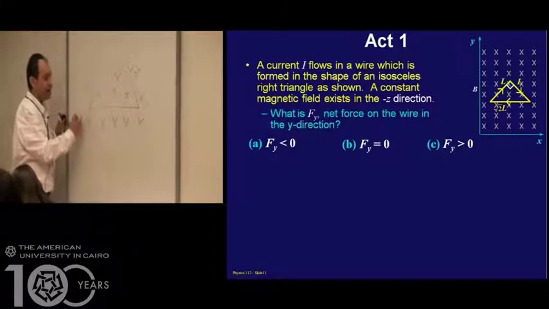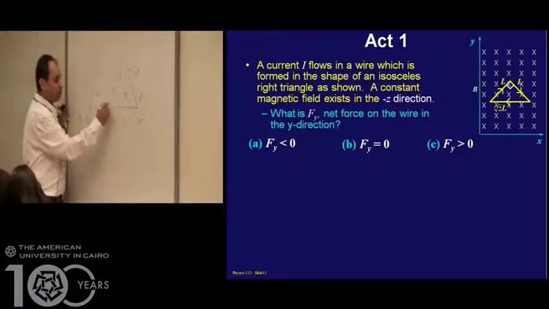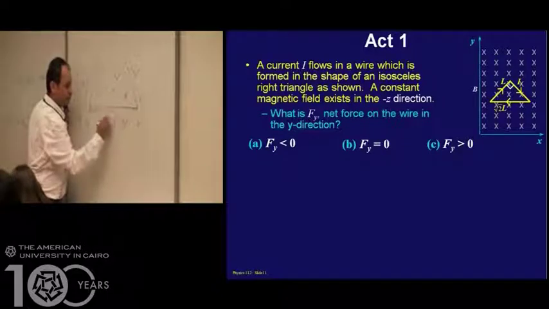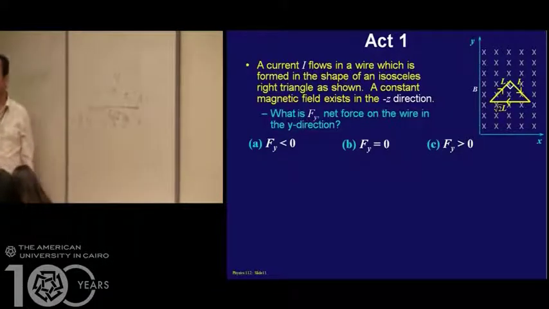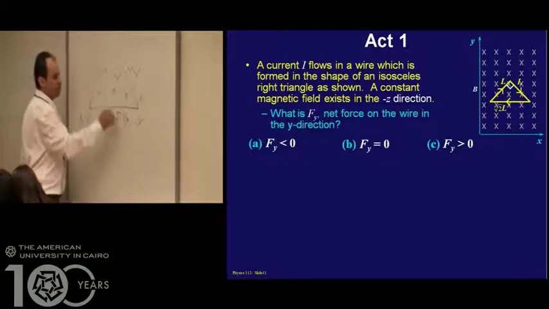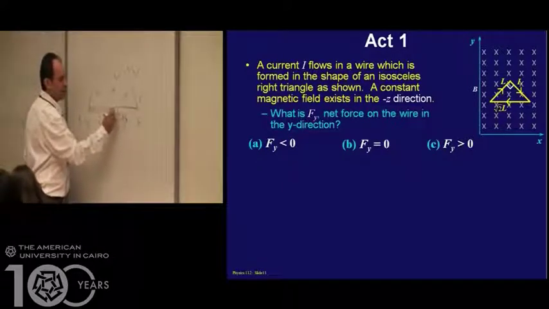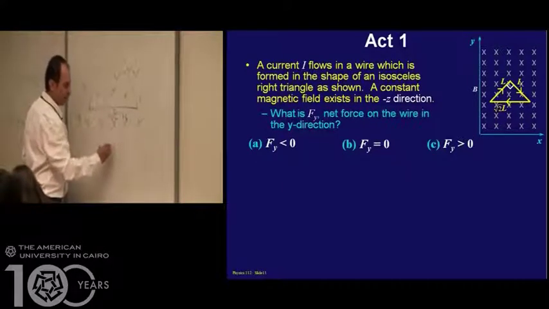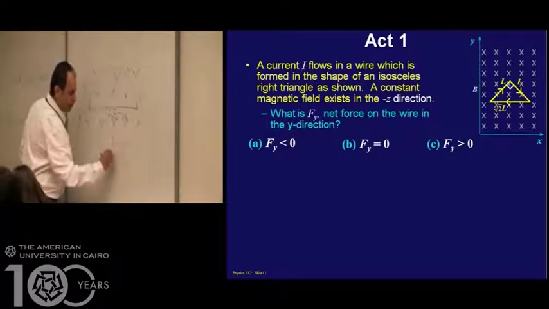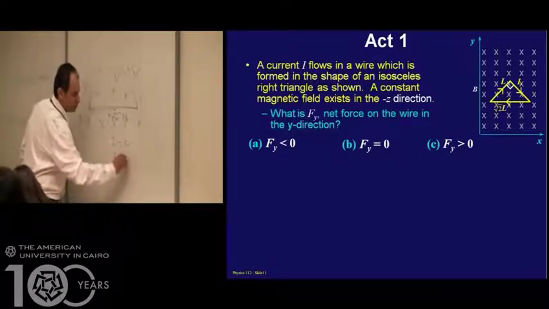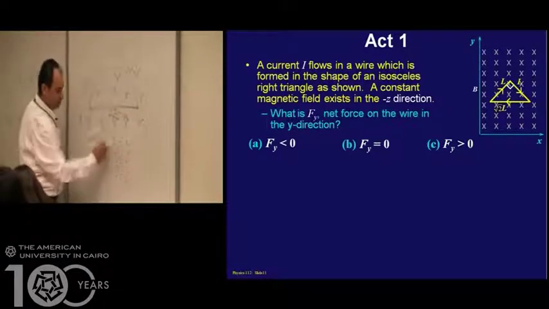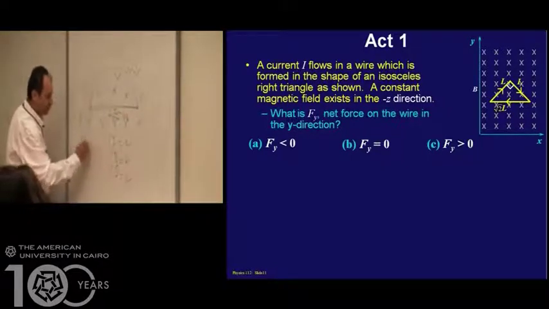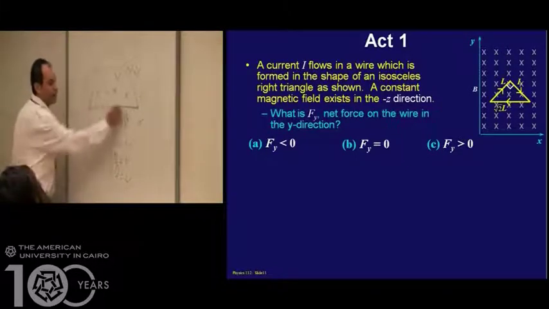I say that the current I is given, the magnetic field is given, and the length, this diameter, is given. From this we can get that F equals ILB. We can calculate the magnetic force on this.